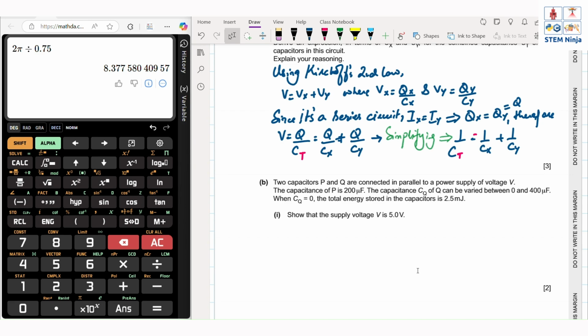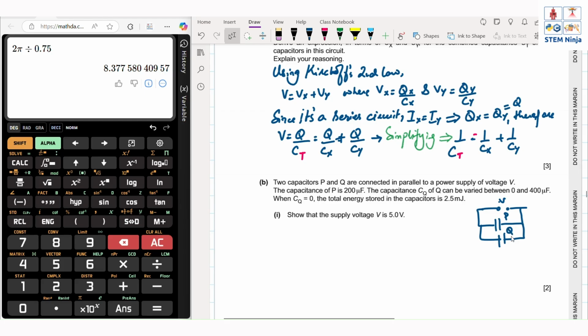Show that the supply voltage is 5 volts. Okay, so we have this over here, V, and this is connected to P and Q.